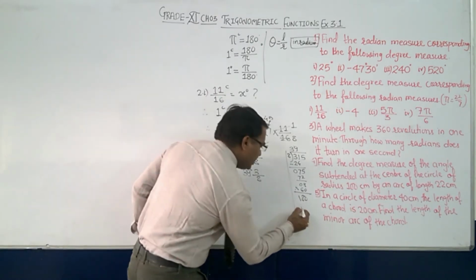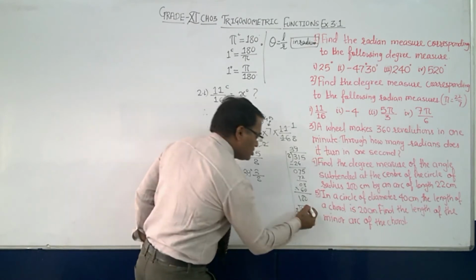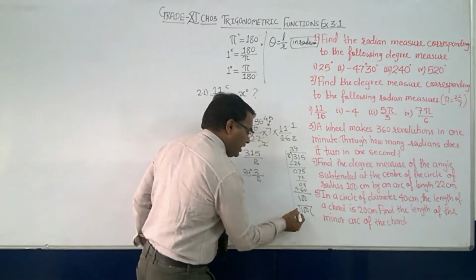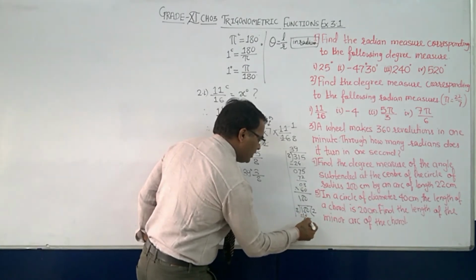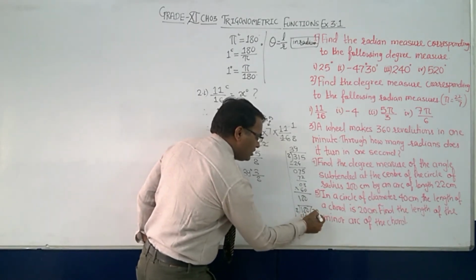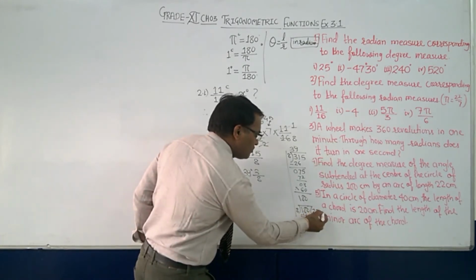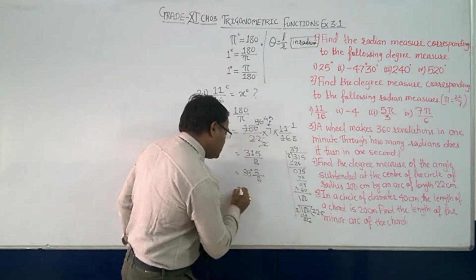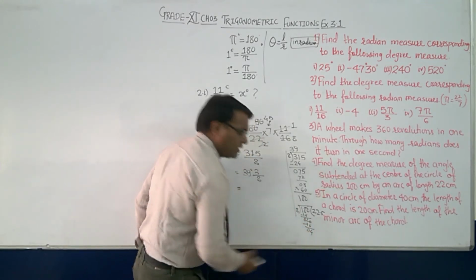And again this 180 you will have to divide by 8. Okay, so if you divide it by 8, then 8 twos are 16, then 20 will remain, then again 8 twos are 16. Okay, then again 4 will remain.